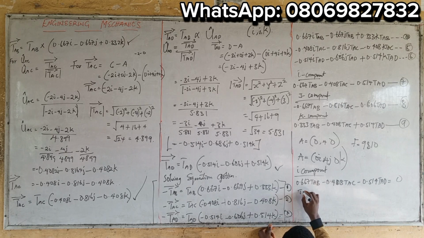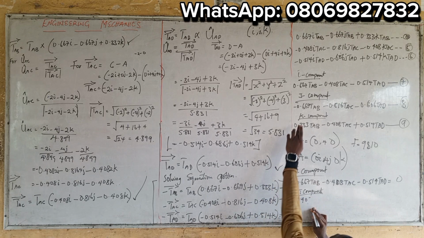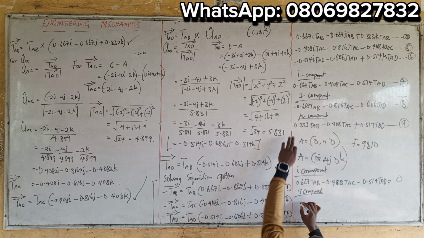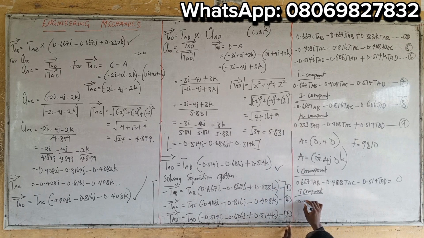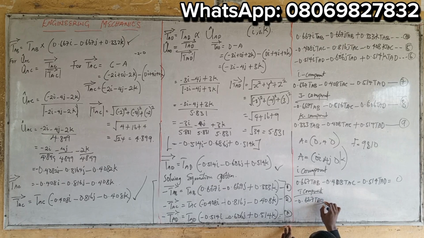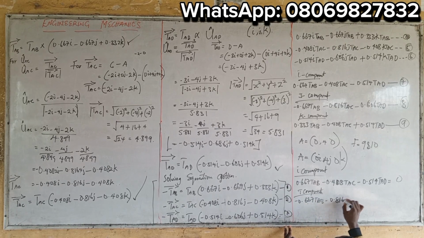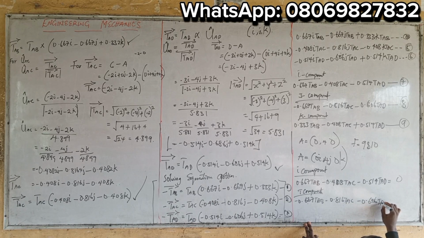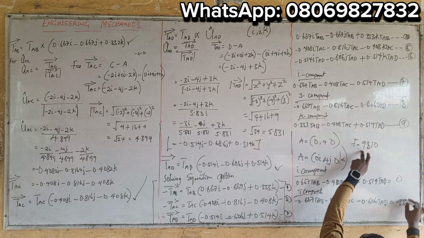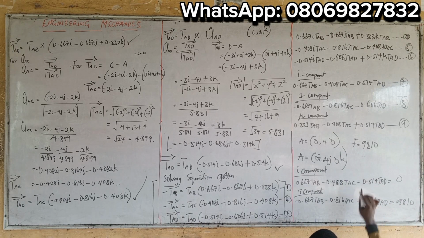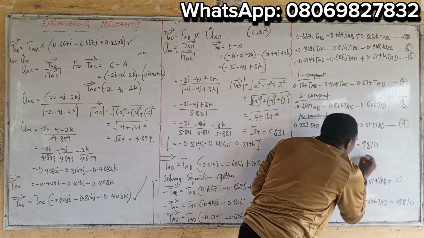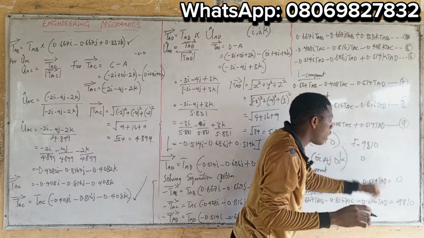For your J component, you have minus 0.667 TAB minus 0.816 TAC minus 0.606 TAD, and you're equating it to 9810. If you had no force given, then you are equating it to 0.